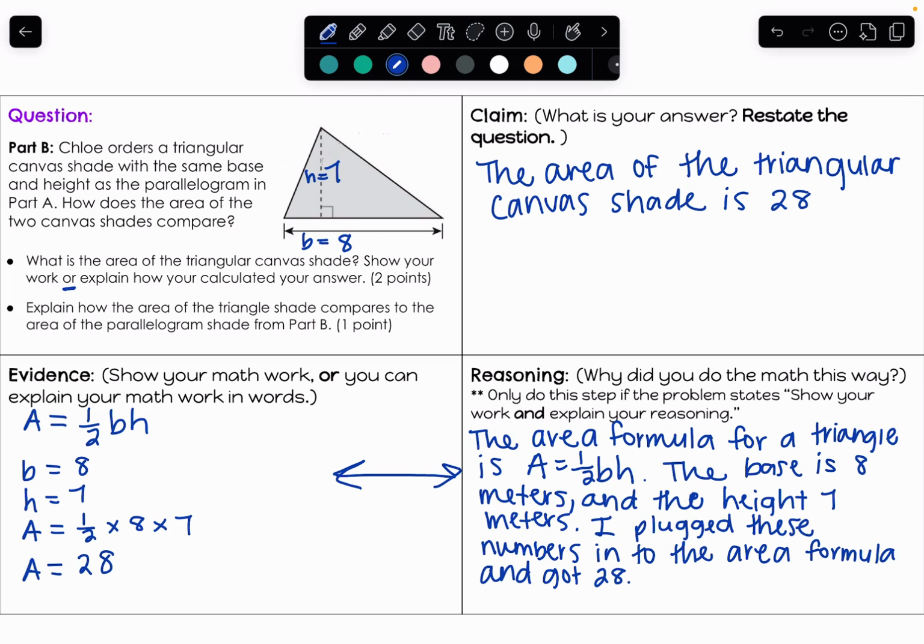This is still meters. It's the same base and height as the parallelogram, except it's a triangle instead of a parallelogram. So our area is still square meters.